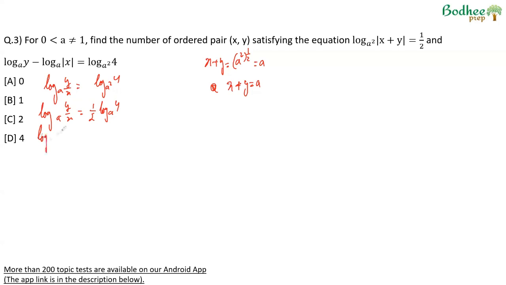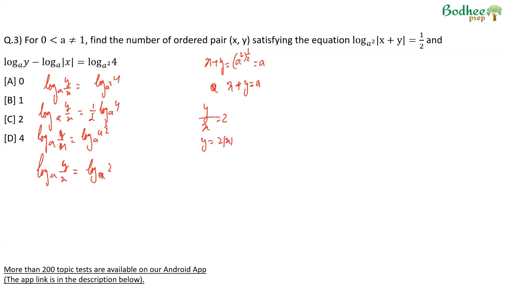This is log of y by x to the base a is equal to log of 4 to the power 1 by 2 to the base a, which becomes log of 2 to the base a. And therefore, from here we can write y by x will be equal to 2. So we get y is equal to 2x. X was in the mod, so we can put the mod again.